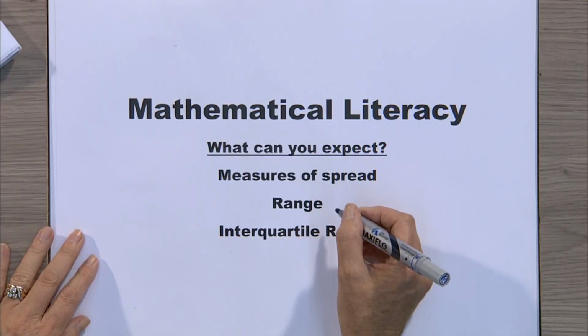All right, then we continue with the theory. So we did measures of central tendency, mean, mode, and median. Now we come to what we call measures of spread. The range is a measure of spread, okay? So what is range?